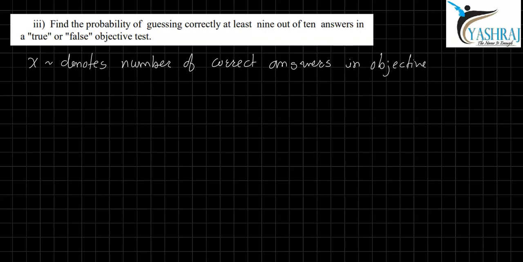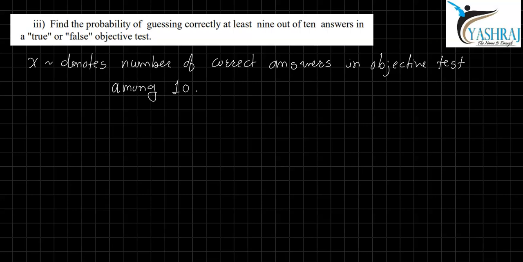Means x be a random variable which denotes the number of correct answers in an objective test among how many questions we have? 10.